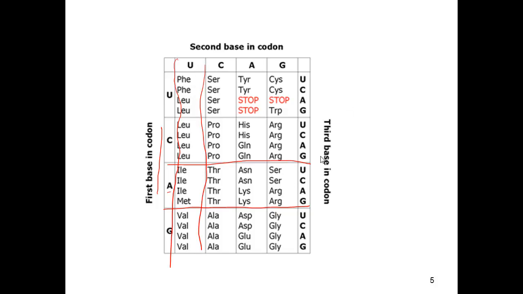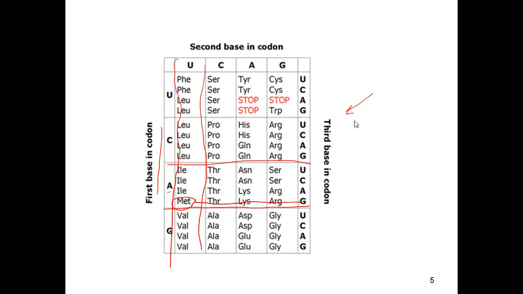And G is the third base, and that means it's here, and there is methionine. So you don't have to memorize this, of course, and this is the way you'll be given the information on tests, and this is the way you will have to use it when decoding RNA sequences into protein.